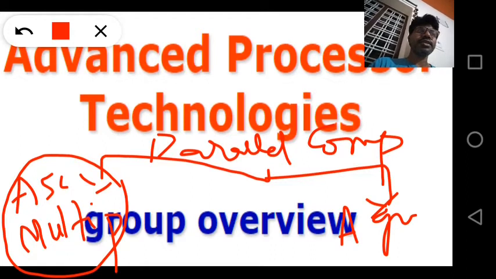When I say single computer with multi-processor, again we can divide it as symmetric multiprocessors or tightly coupled systems or loosely coupled systems. In case of a tightly coupled system, there are multiple separate peer processors.